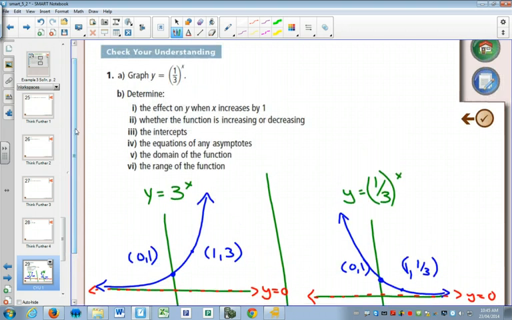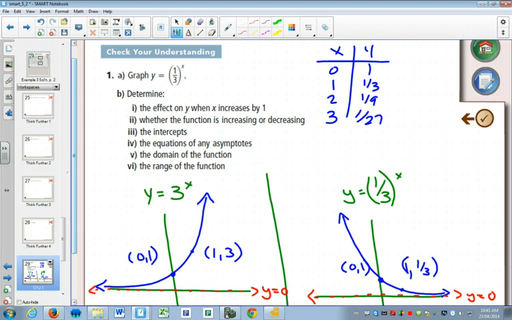So we're going to do part B for the 1/3 graph. We're going to describe what happens to y when x goes up by 1. Right? So if we look at our table of values here, what happens to y?